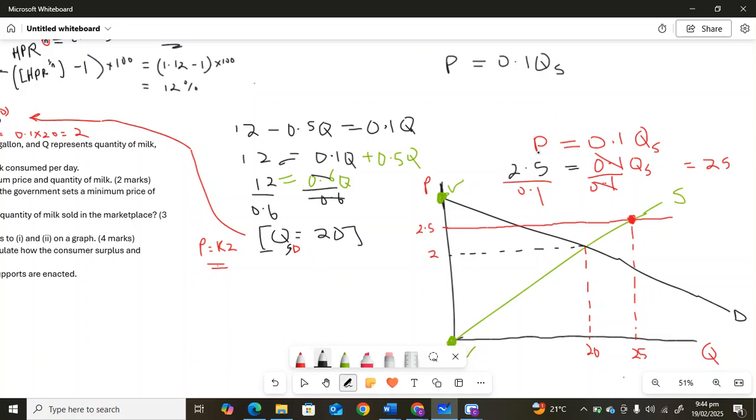So if Q equals 0, because we want to find these values along the y-axis, if QS equals 0, what does P equal? 0.1 times 0, that is 0.